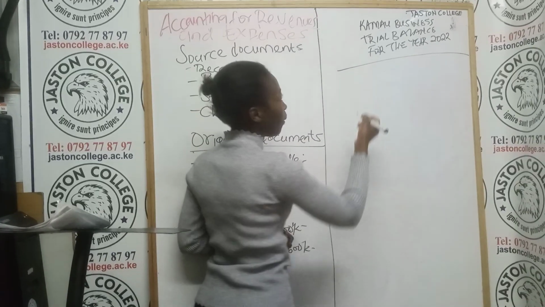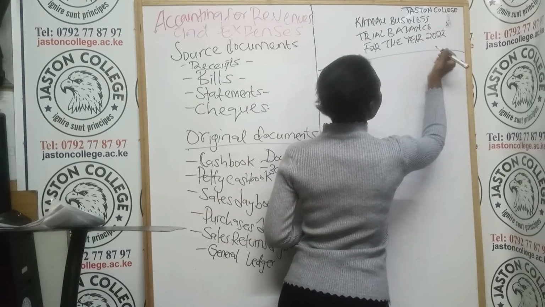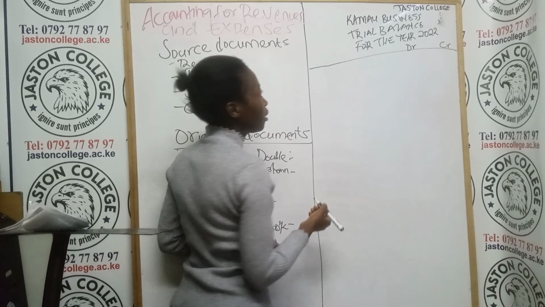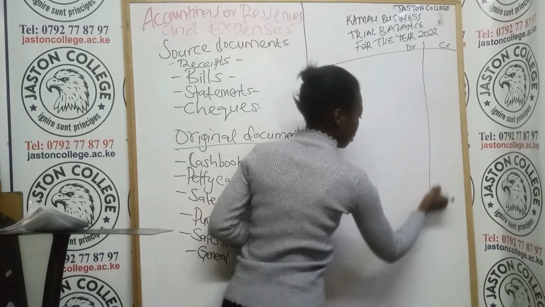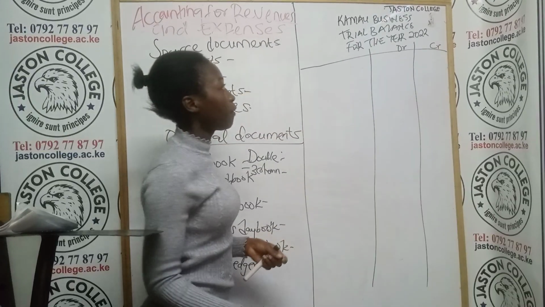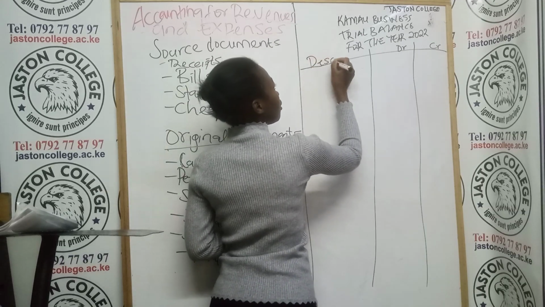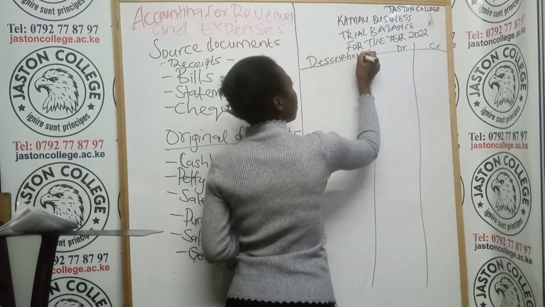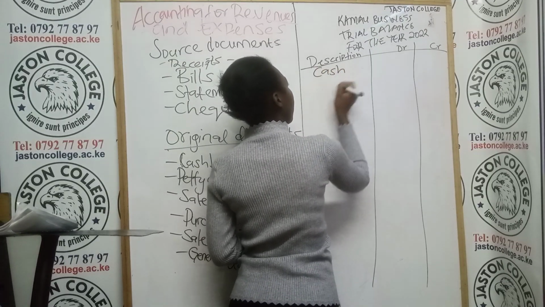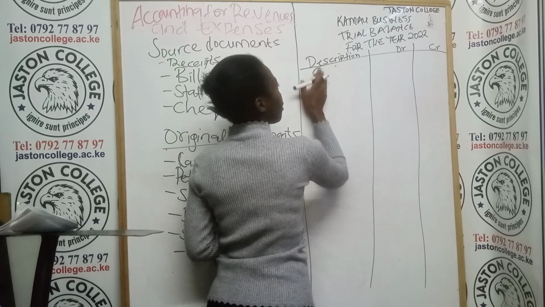So basically our general ledger will have the debit and the credit side. So here we have a description. Let's say we have cash. Let's start with sales.